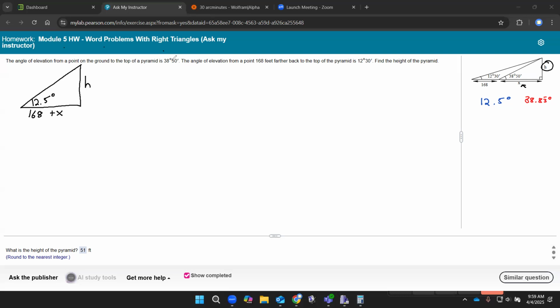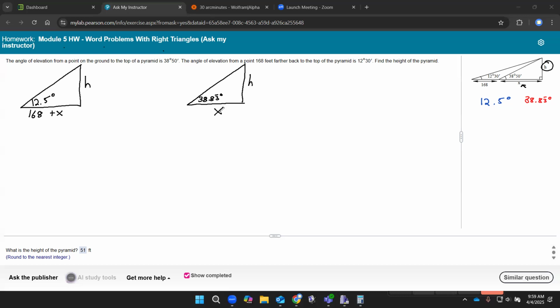That's annoying, but that's the deal. The other triangle, we know that it is h tall, we know that it's 38.83 repeating degrees, and here it's just x long. It's the same h, the h that we're solving for.